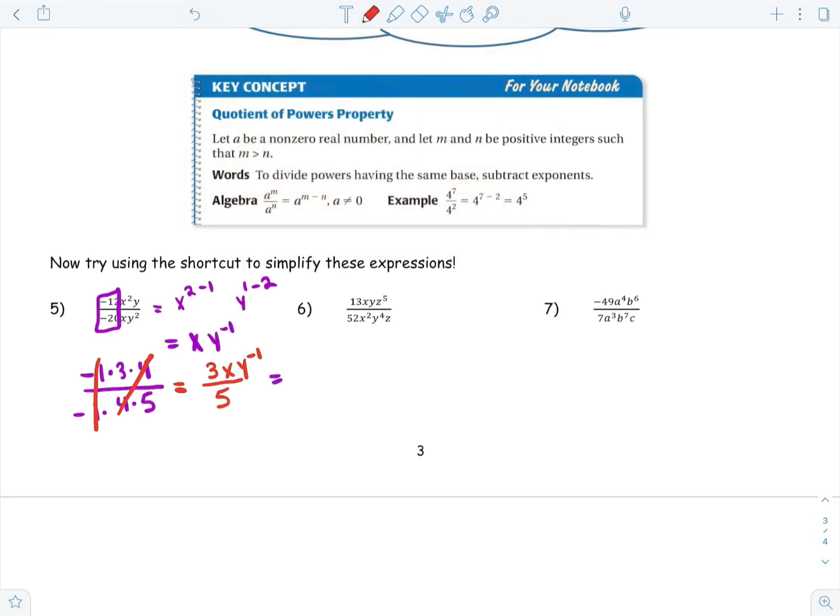So another way of writing this would be 3x over 5y. Whenever we have a negative exponent, if it's in the numerator, we put it in the denominator. And if it's in the denominator, we put it in the numerator in order to make that exponent positive. So here's our final answer right here.